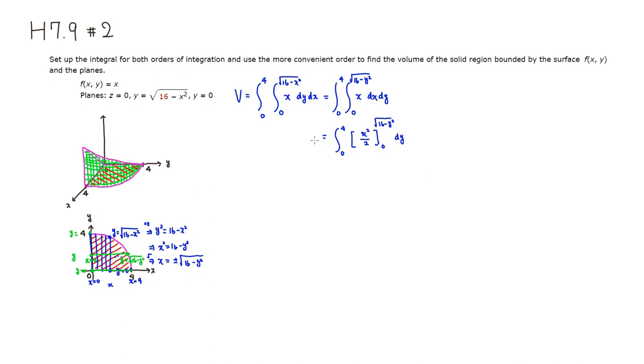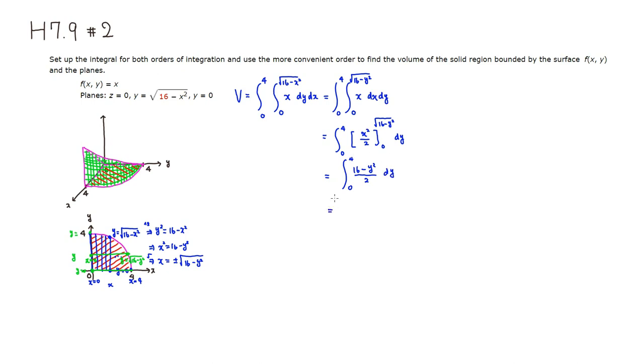Plug it in: x squared, so the square root is gone, and it's 16 minus y squared over 2. Plugging in 0 is still 0, so 0 to 4 dy.